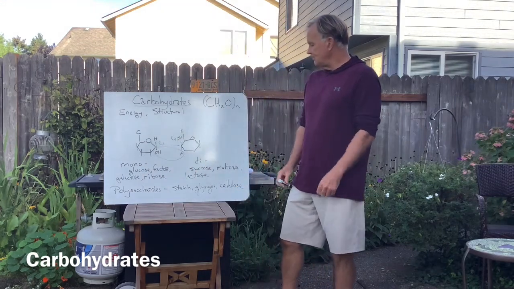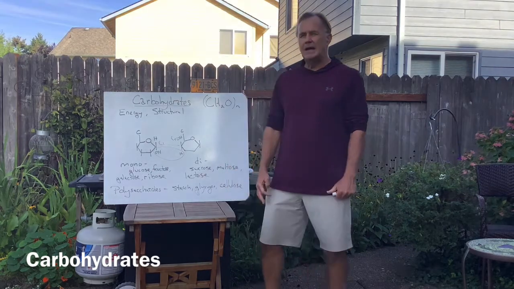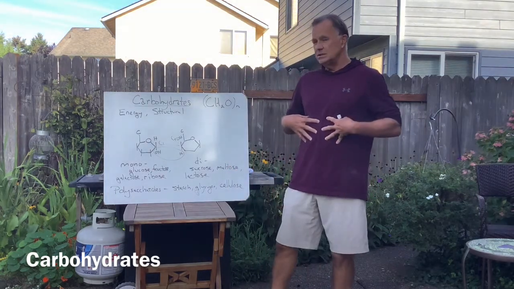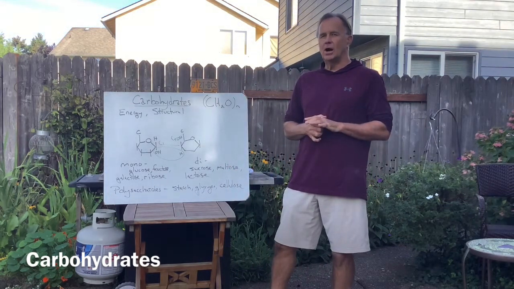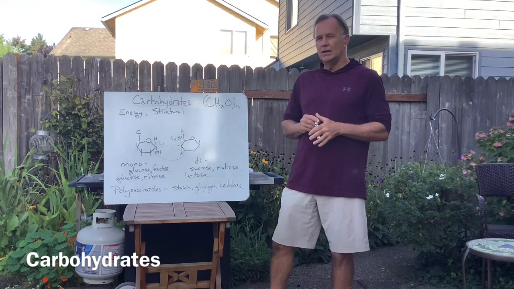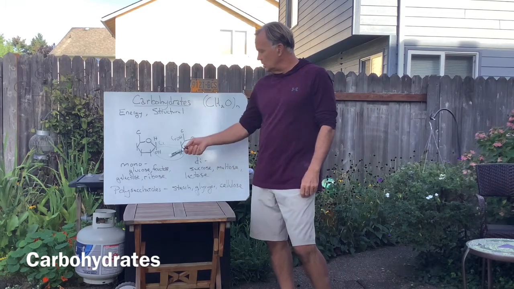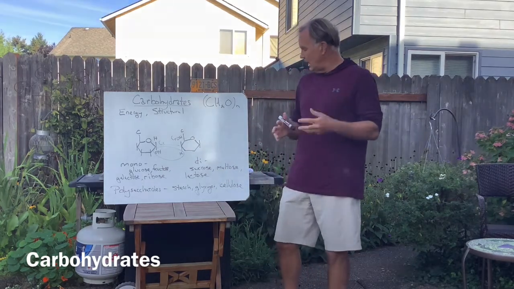And then you have glycogen. Glycogen is the storage carbohydrate in animals like us. We can store a certain amount of glycogen in all our cells, and then we can also store a little bit more in our liver. It's alpha glucose, which is highly branched.